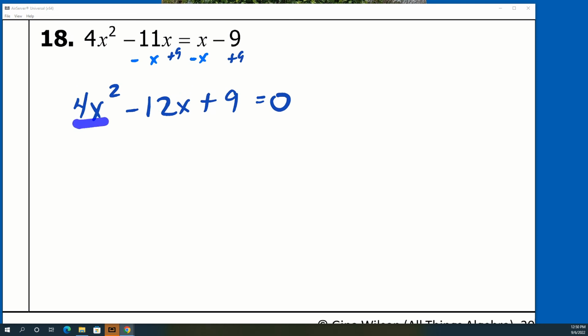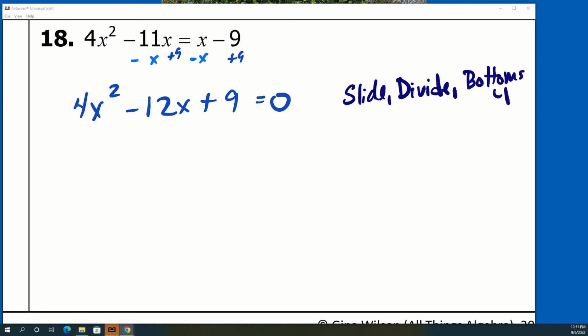It doesn't have a common factor, and there's a number in the front. So we're going to do slide, divide, bottoms up. So we'll start off by sliding the 4 over with the 9.